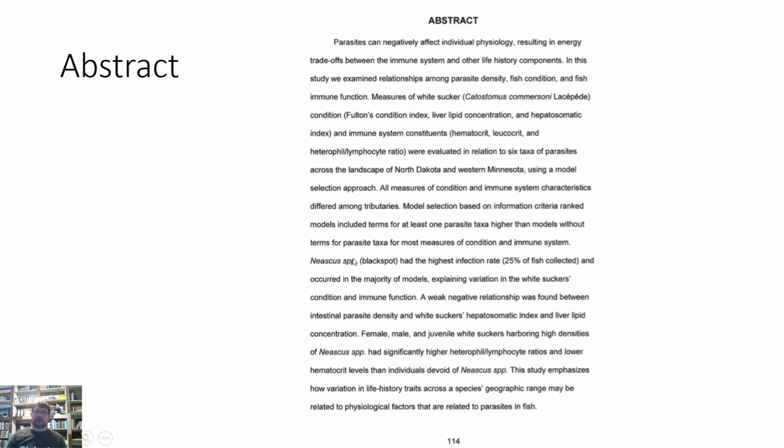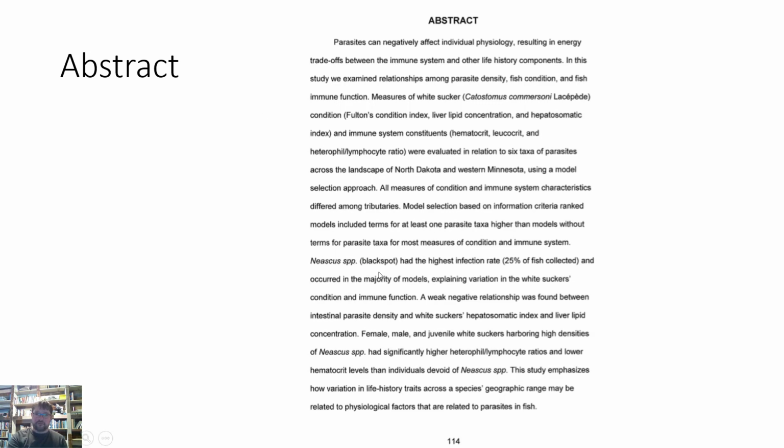So your abstract is basically an introduction, a little bit of introduction, maybe 2 sentences of introduction, methods, 2 sentences of methods, results, 2 sentences of results, okay? Discussion, 2 sentences of discussion, okay? That's it, okay? It's concise. It's basically an overview of all the high points of your entire paper.